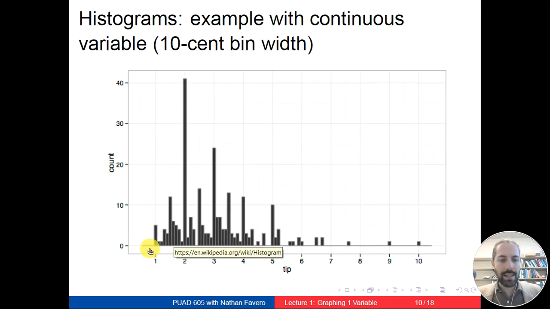We can suddenly see that there aren't a lot of tips that are around 50 cents or 70 cents or 80 cents. Instead, it looks like there are a lot of people that are tipping $1, right around $1. Now, there's still a bin here, so we don't know exactly if they're tipping 95 cents, 96 cents, 97 cents, or exactly $1. But if I had to guess, most of the observations in this bin are probably exactly equal to $1.